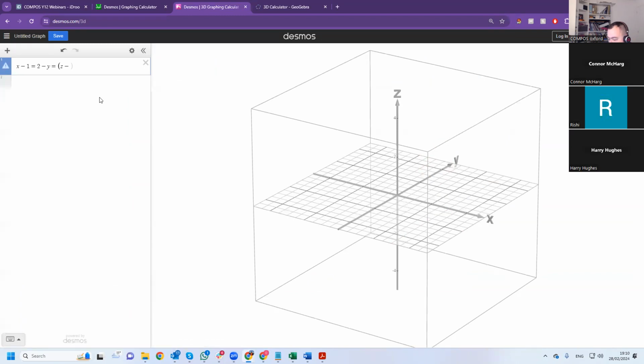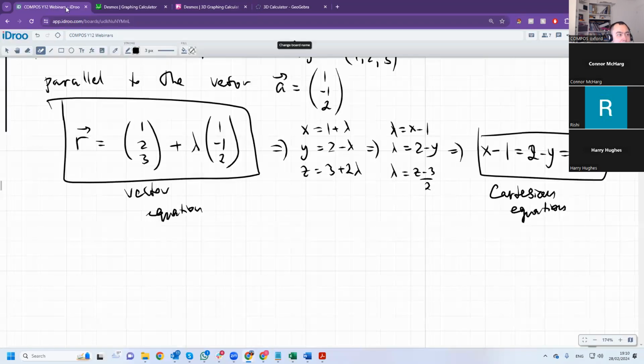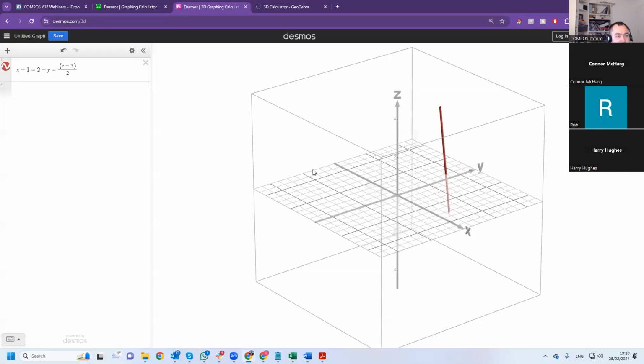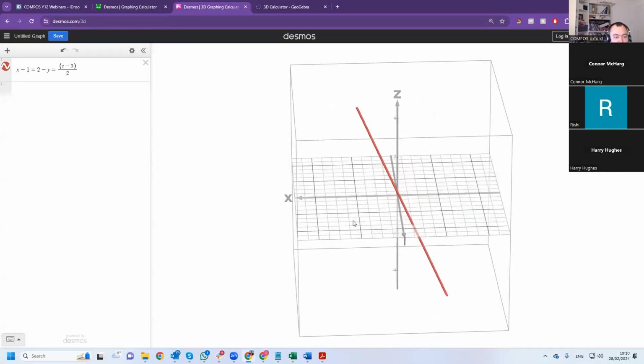Oh no, z minus 3 over 2, is it? Yeah, z minus 3 over 2. Okay, we got better luck with Desmos. So you can see this is a straight line, indeed.